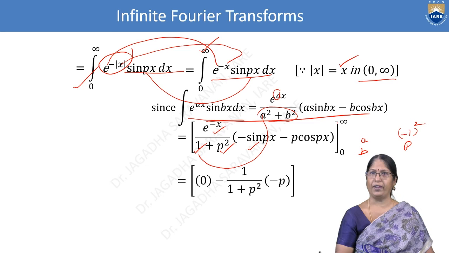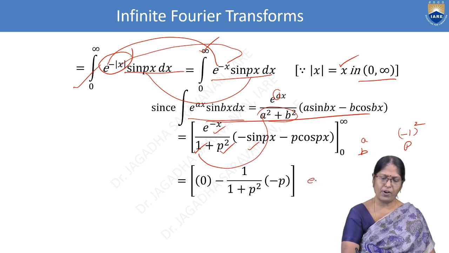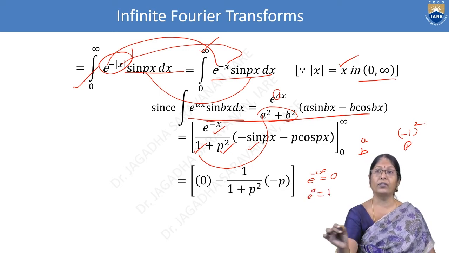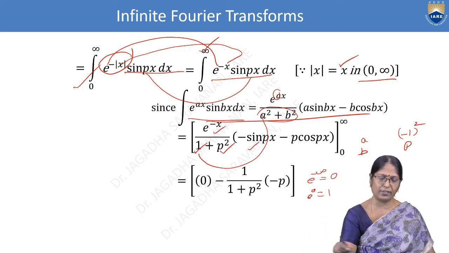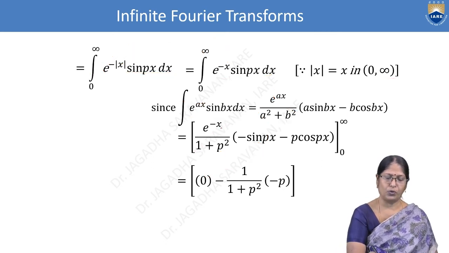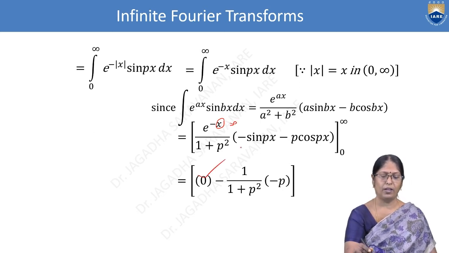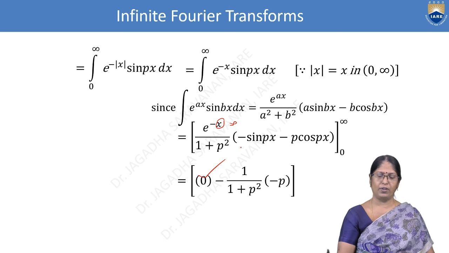The limits are 0 to infinity. Here e power minus infinity, the value is 0, and e power 0 is 1. In the place of x we substitute infinity, the upper limit, and e power minus infinity completely vanishes.